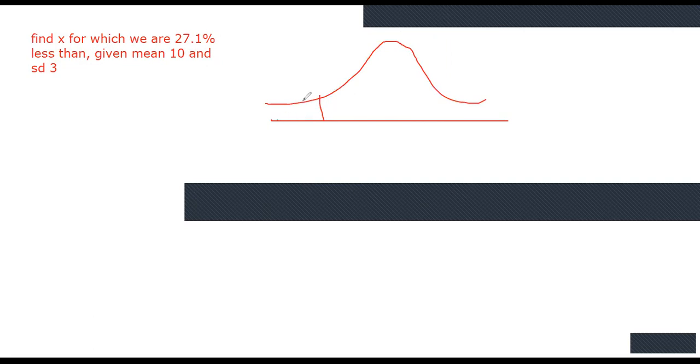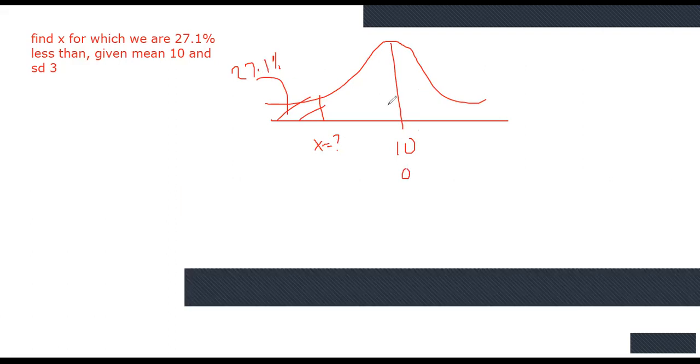So when you cut 27.1%, what do we remain with on this other side? When we subtract from 100, what do we remain with?